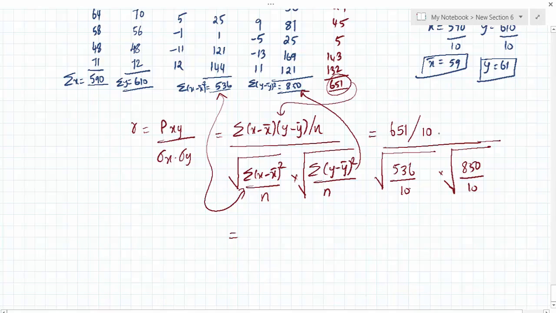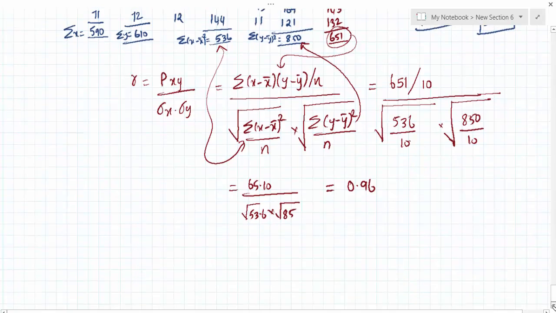So this is going to be 651 by 10, that is 65.10, divided by 53.6 into 85. So this is going to give us the value as 0.96.